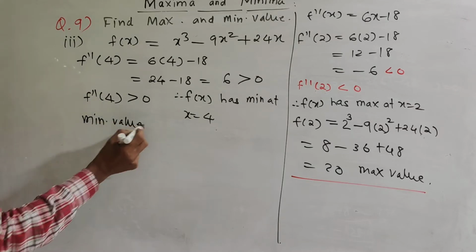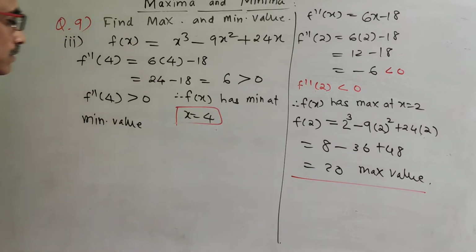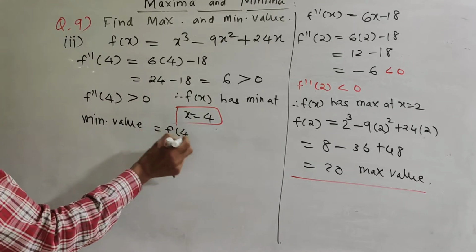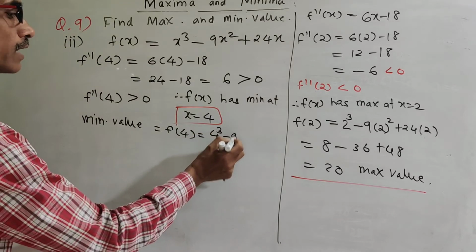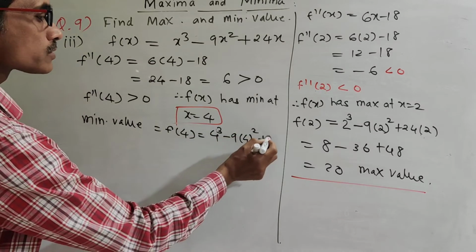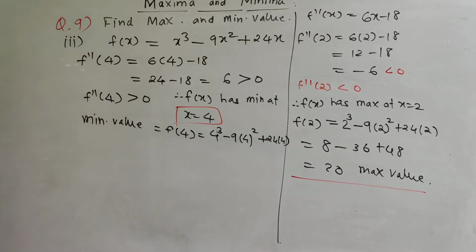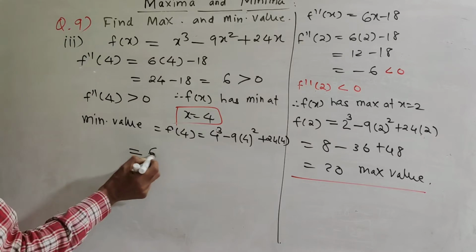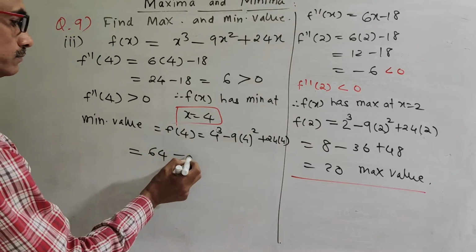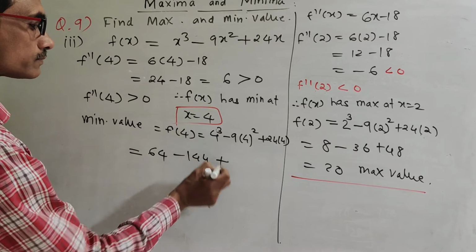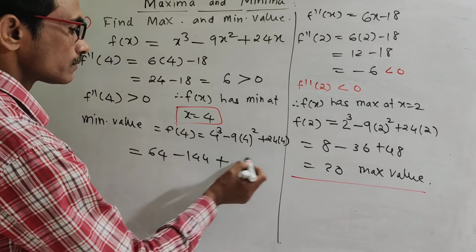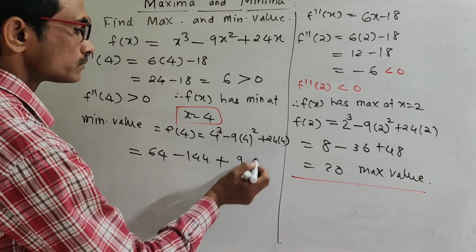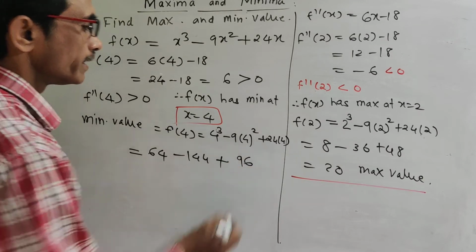The minimum value you are getting at x equals 4. The minimum value is f(4), and it is equal to 4 cube minus 9 into 4 square plus 24 into 4, which is 64 minus 144 plus 96.